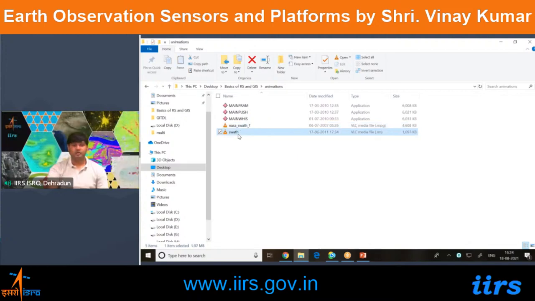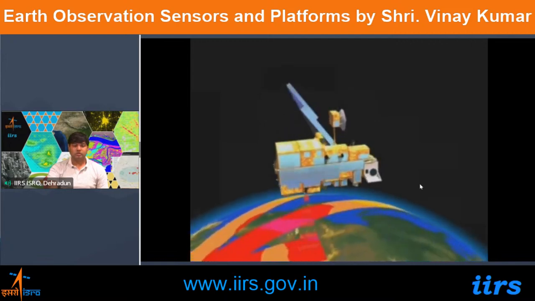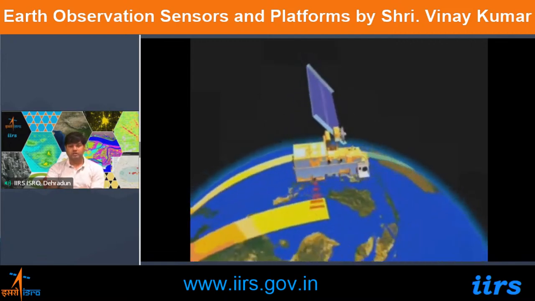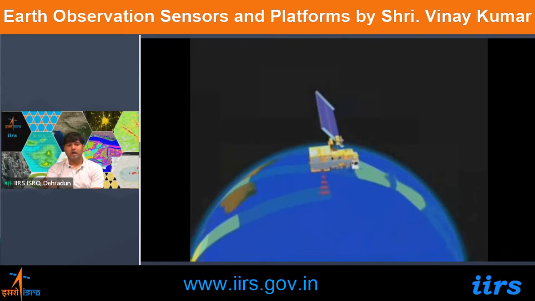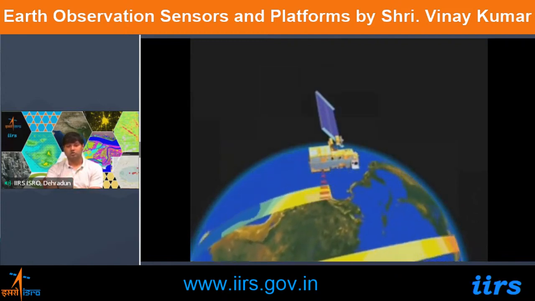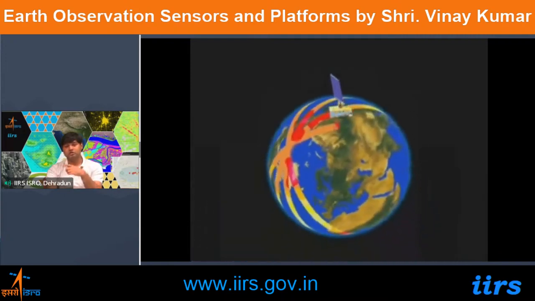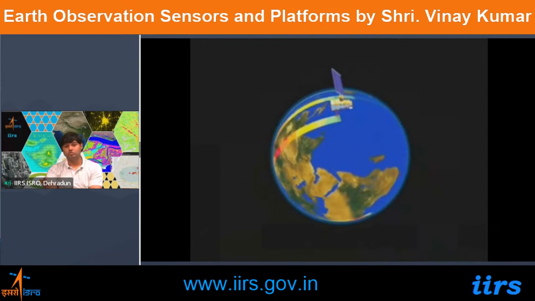So you can understand this particular image. By seeing this image, you can see this is a particular sensor which is revolving around Earth, and how much area is getting captured through your sensor. Because of this, that particular width is getting captured, and it is revolving from North Pole to South Pole.